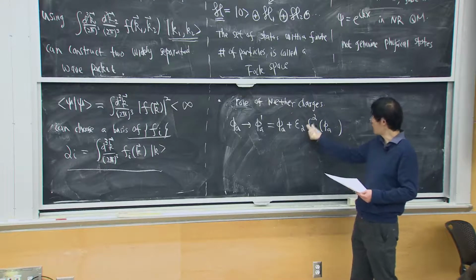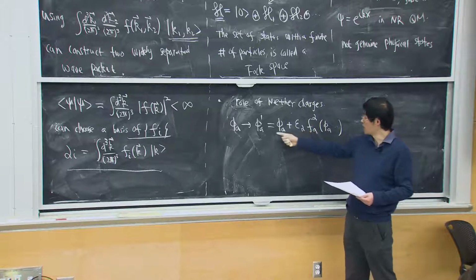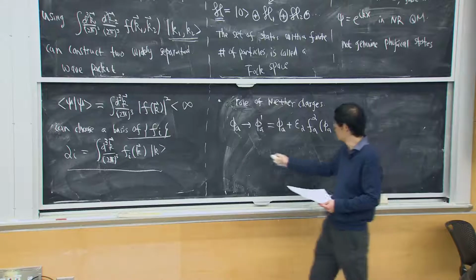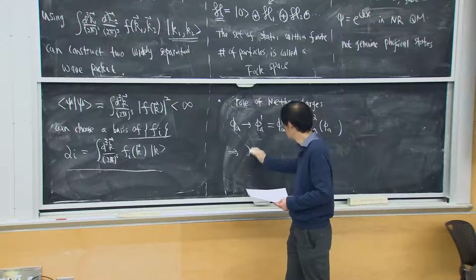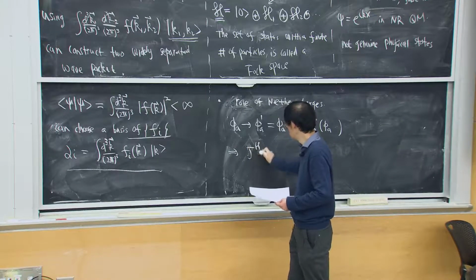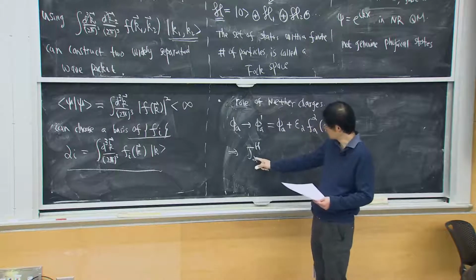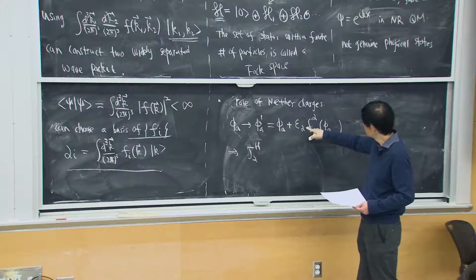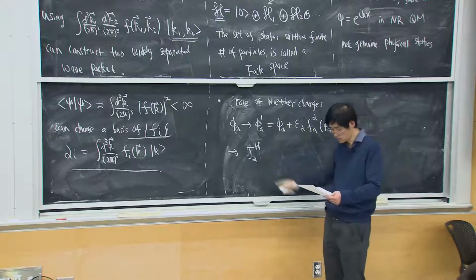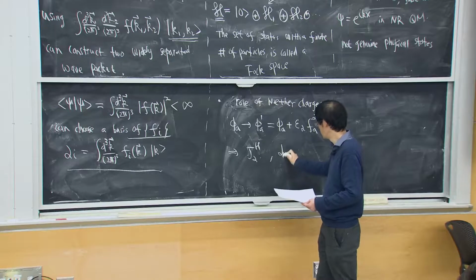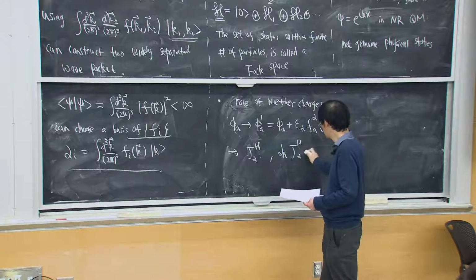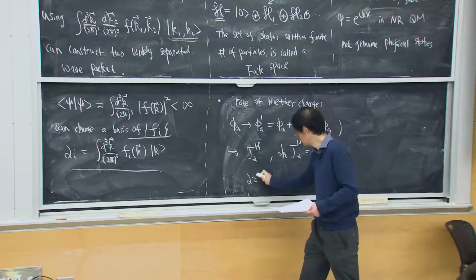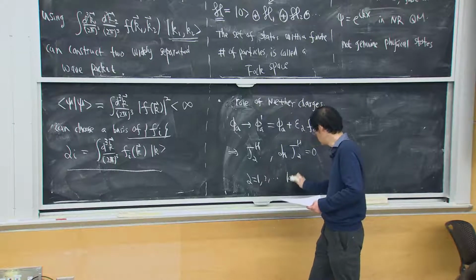So the alpha label different transformations and A label different fields. And then you will get the conserved current J^mu_alpha. So alpha label different symmetries, for each symmetry you have a conserved current, which satisfies partial_mu J^mu_alpha equal to 0. So alpha equal to 1, 2, etc. label different symmetries.